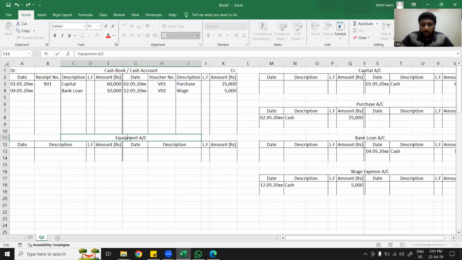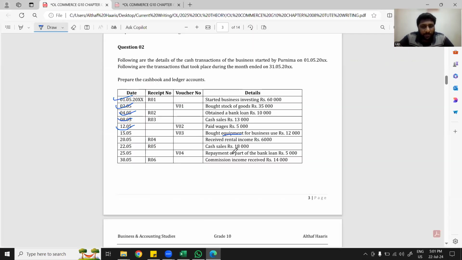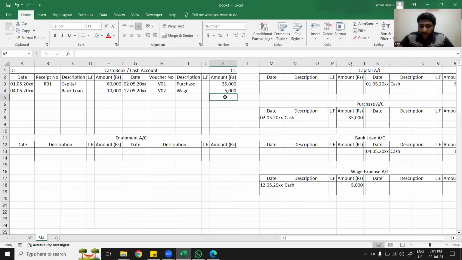So how much is the value? 12,000. Money going out, 12,000. We are getting a non-current asset, 12,000. Cash, equipment.